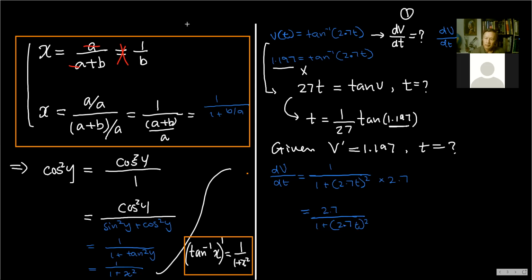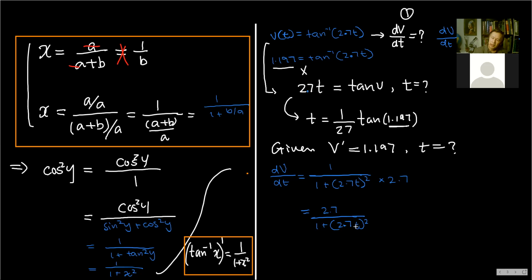So the condition is 1.197 is given, right? What is the t? Can we solve for the formula for t first? First we have to find out what time this is happening at.